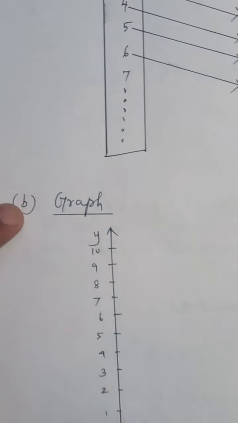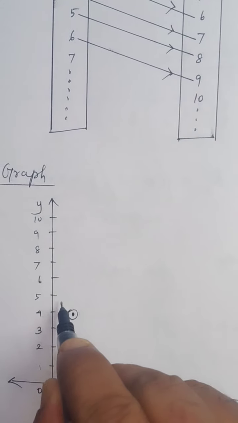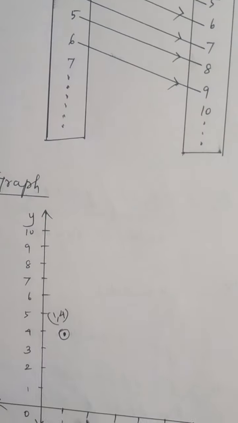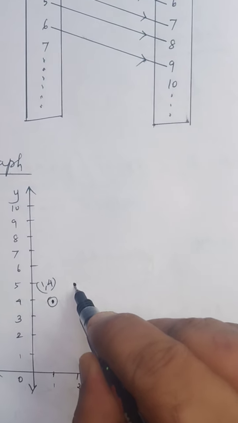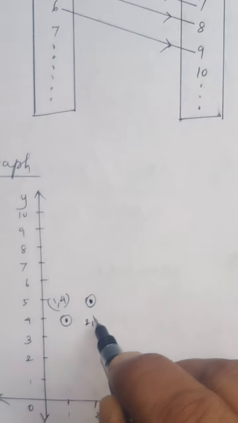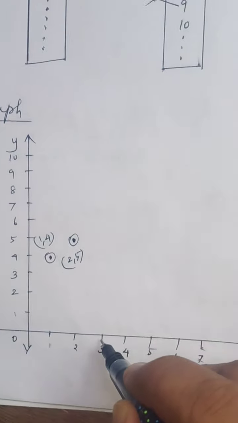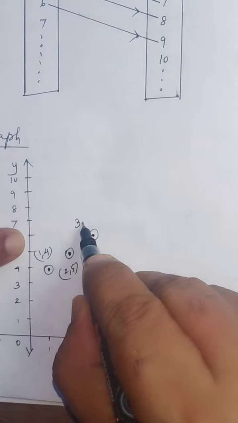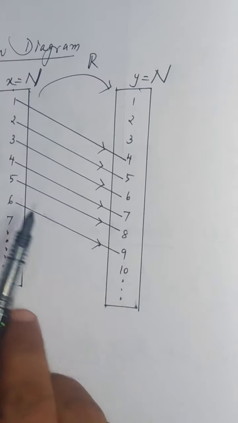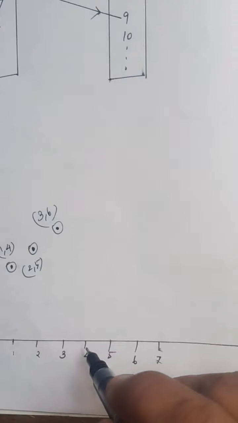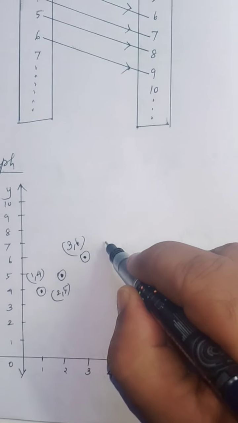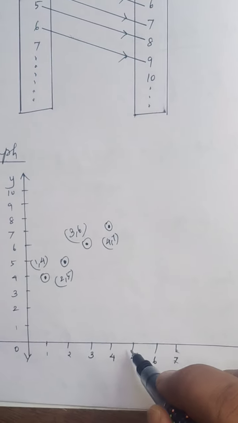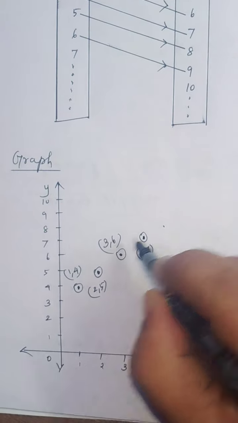1 in x-axis, 4 in y-axis: 1 comma 4. Next point 2 comma 5, then 3 comma 6. 2 comma 5, here it is. 3 comma 6: 3 in x-axis, 6 in y-axis. Then 4 comma 7, 5 comma 8, 6 comma 9. 4 in x-axis, 7 in y-axis. 5 in x-axis, 8 in y-axis.